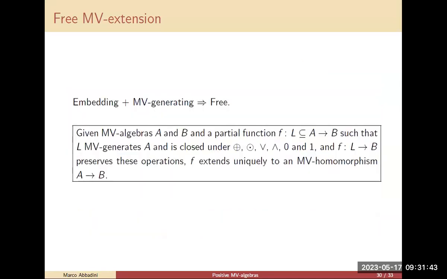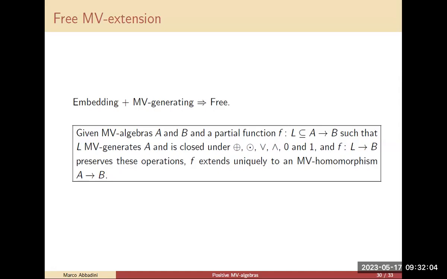And so this can be said also as follows. If I have an embedding, it's enough to verify that it's MV-generating, that it generates the image as an MV-algebra, to deduce that it has the free property, the universal property.